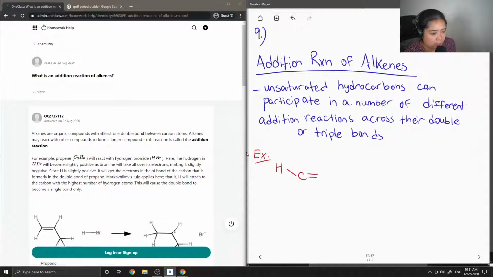So let's say we had an alkene when it reacts with a compound. So let's say compound XY, the double bond gets reduced to a single bond. So I'll just show all the hydrogens that are added. And X and Y are added to the carbons.